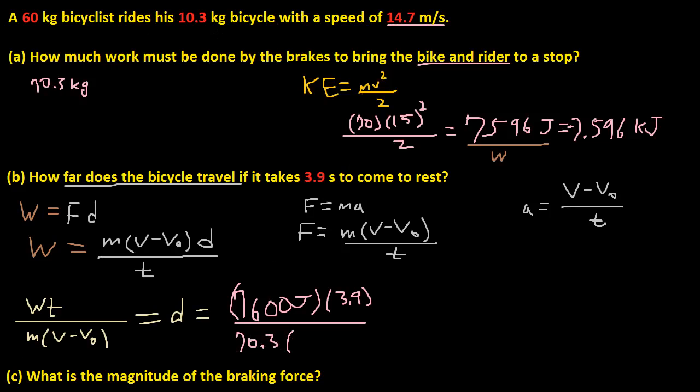Since v final is 0 and v initial is 14.7, this is going to be negative 14.7.